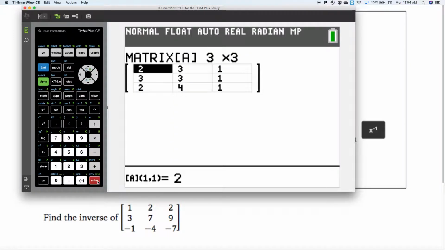We're going to do a 3 by 3. 1, 2, 2, 3, 7, 9, negative 1, negative 4. And then you'll exit out of the matrix menu, and you'll go back and call up A, using the same button you've been using to get to the matrix menu.